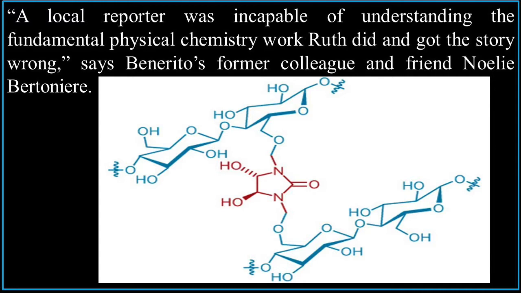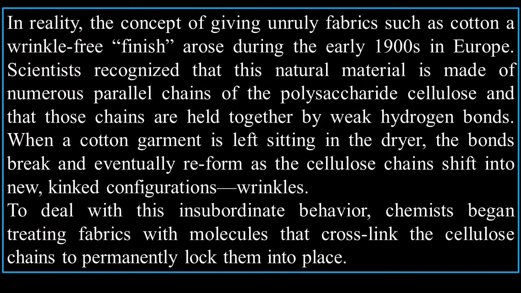You can also see in the red there's hydrogen bonding, so it's more than just as in water. Hydrogen bonding occurs elsewhere. In reality, the concept of giving unruly fabrics, such as cotton, a wrinkle-free finish arose during the 1900s in Europe.